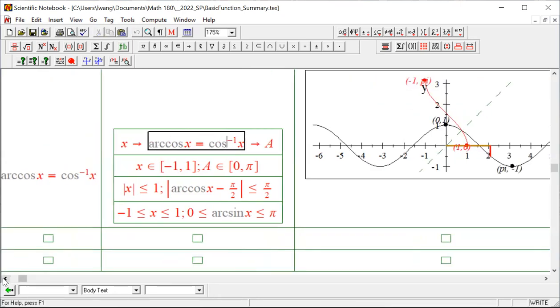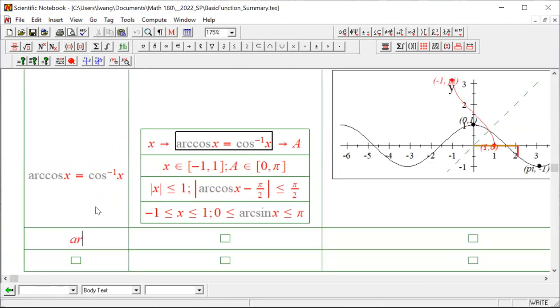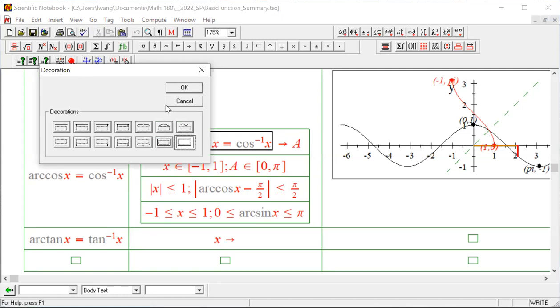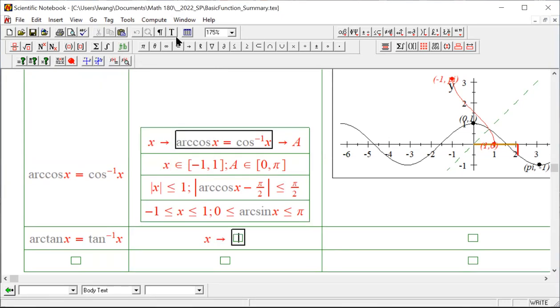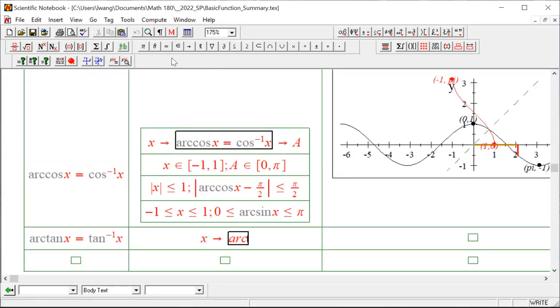Now, arctangent. Arctangent has another form that was written. It means the same thing, okay? It takes the ratio and produces angles. So that's arctan, and it produces angles.